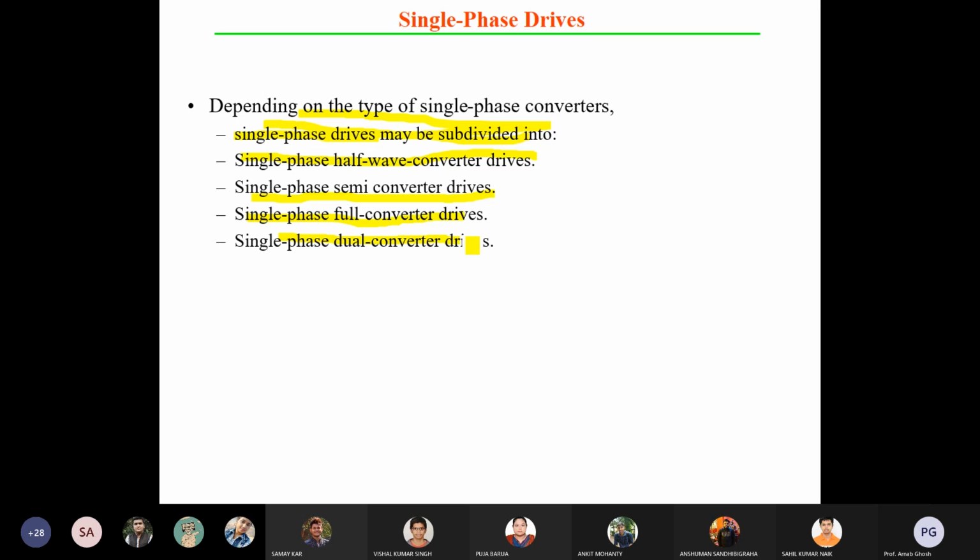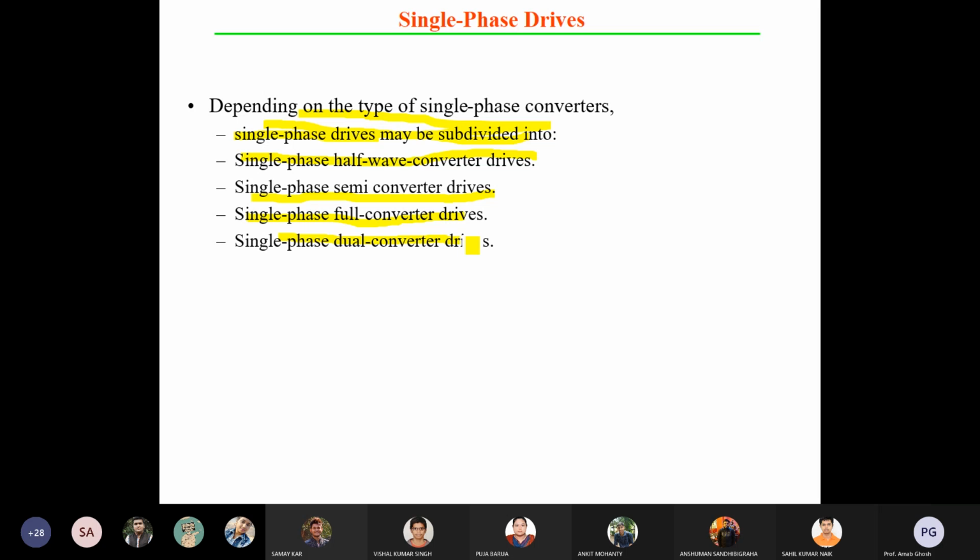If you go for a semi converter, you have options for the first quadrant as well as regenerative braking, means the second quadrant, and you can do the control for the entire 180-degree cycle. For the full wave converter, you can control both cycles.